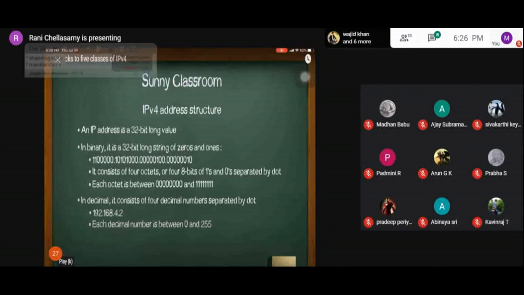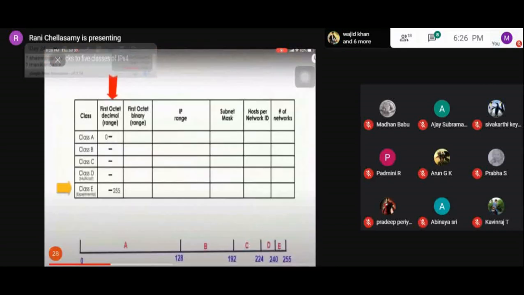Now we are going to see how to fill in all the values in these tables. That's the task.